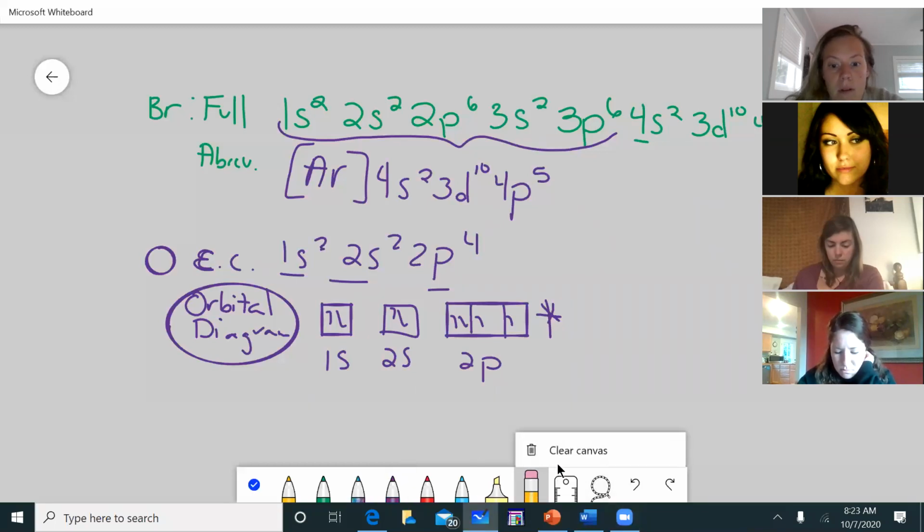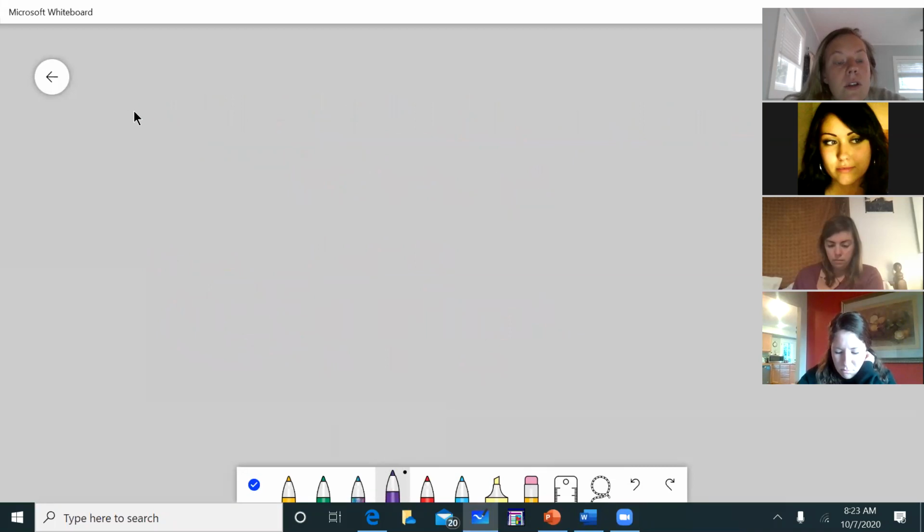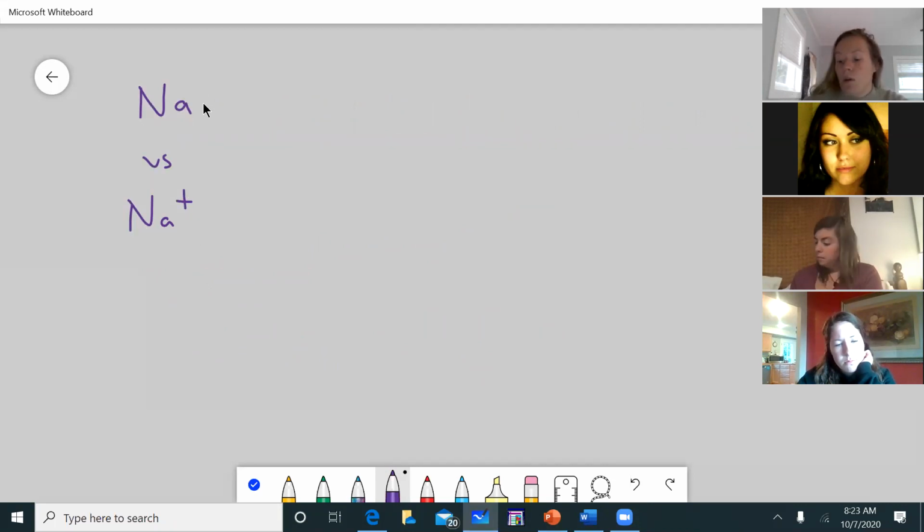Let's clear this out. The first one we'll do is Na plus. So hopefully by now you guys are starting to get comfortable with the idea that this is not the same thing as this, right? This is sodium with a +1 charge. Let's even just go over it. So sodium, as far as protons are concerned, if it's sodium, it will always have 11 protons.